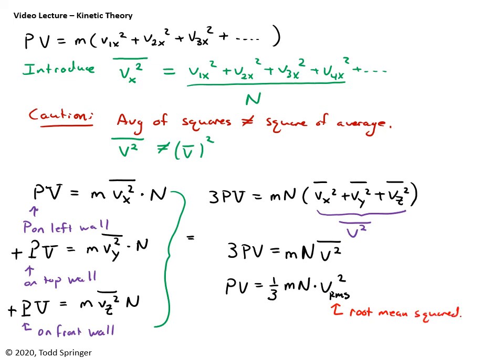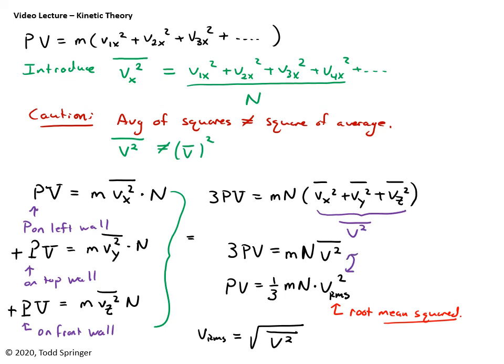So V_RMS is the square root of the averaged squares, right? So mean squared. So squaring them, or squaring them and averaging them, and then taking the square root. So V_RMS squared is equal to this notation that I'm using, v bar squared.